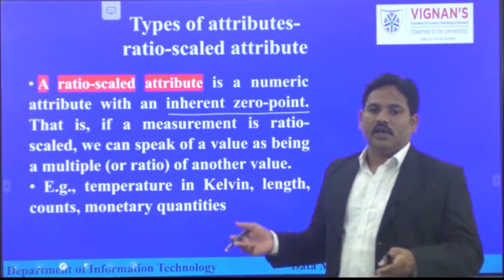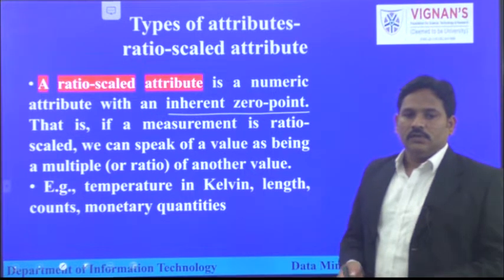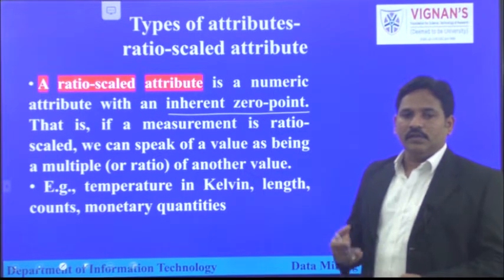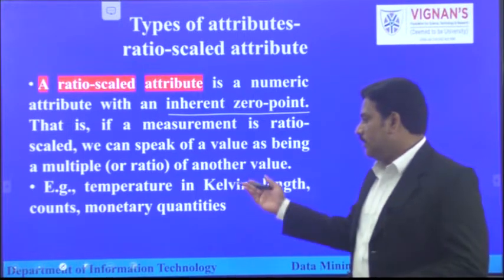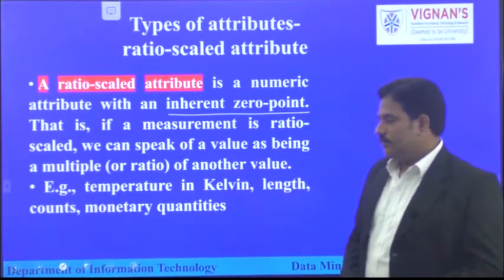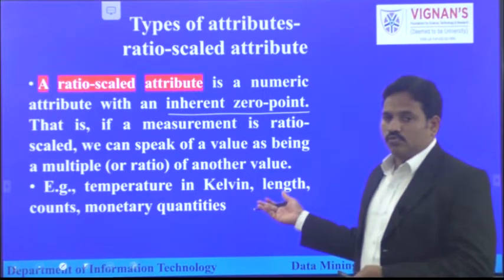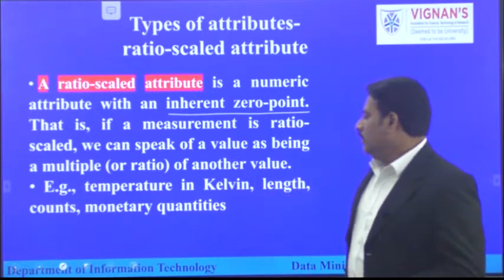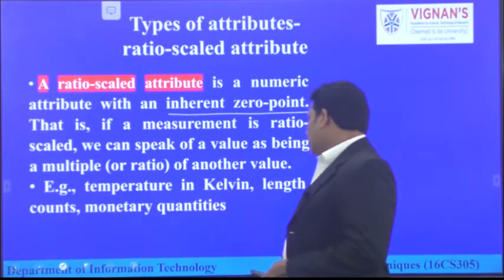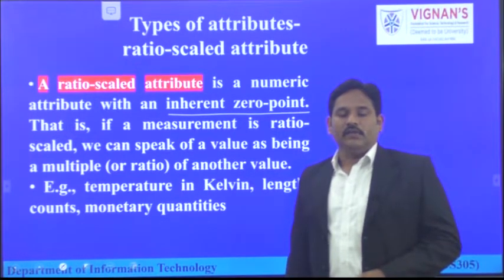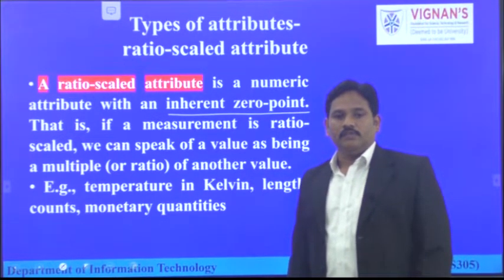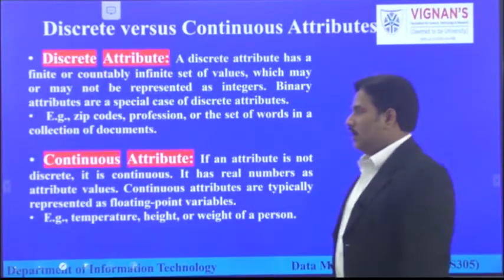Let us assume there is a hike of 20%. Here we are representing that increase of sales information in the form of a percentage, that is called ratio scaled. That is 20 times of that previous value, 20 into x. Examples: temperature in Kelvin, length, count and all monetary quantities can be treated as ratio scaled attributes.